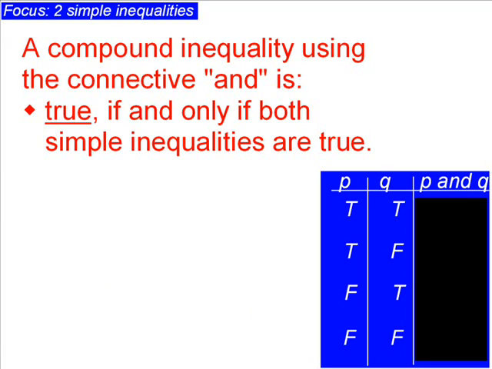In a compound inequality joined by the word "and," the only time this compound inequality is said to be true is if both simple inequalities are true.